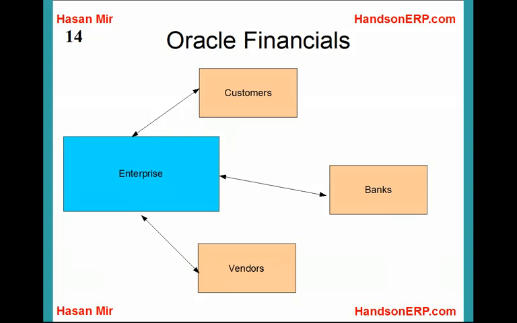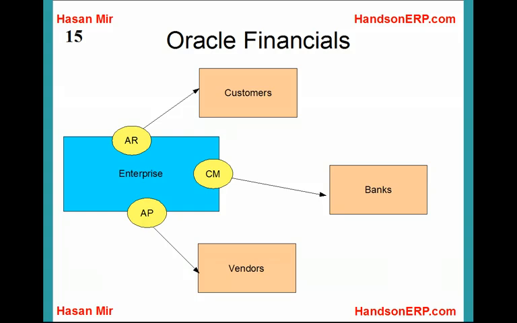A typical company would have vendors, would have customers, and it would deal with banks, and it is a requirement for the company to manage all these external entities. There is a module in Oracle Financials that caters to each of these needs.